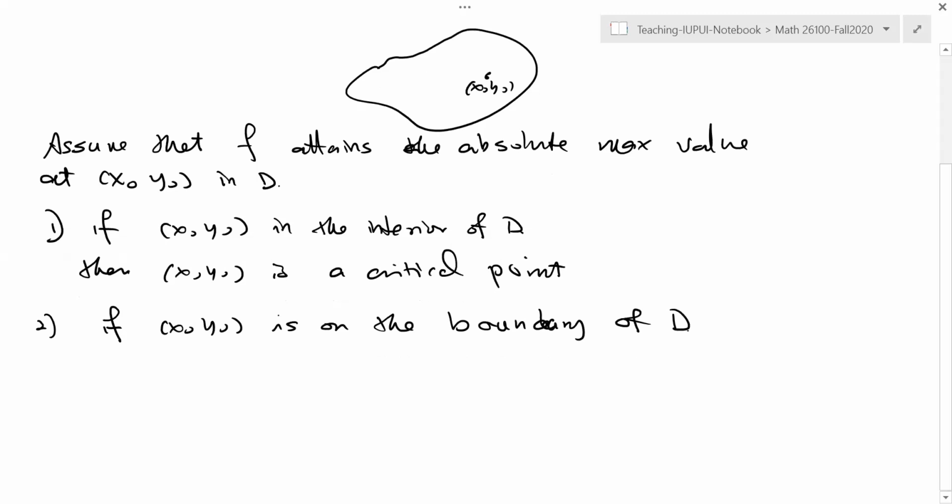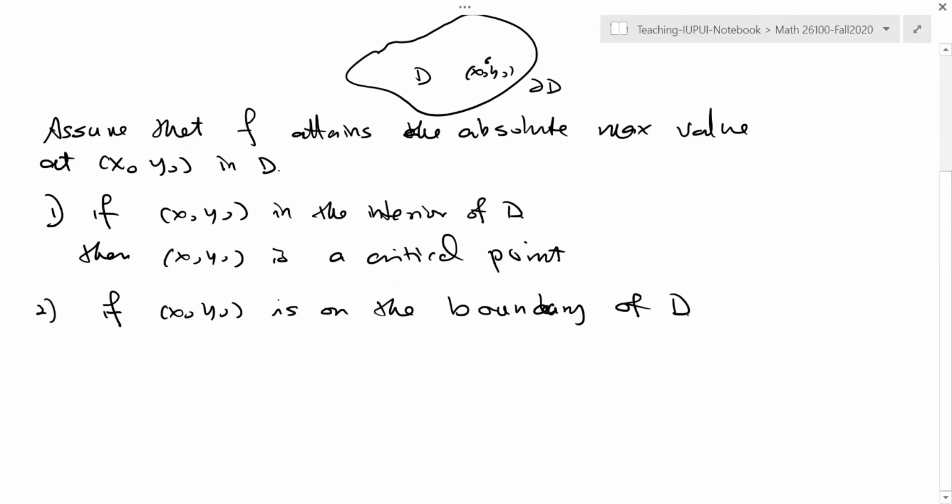But in either case, if you want to find the absolute maximum value, you have to look at the values around the boundary. We call it partial D. This is D, and this is the boundary. The boundary is denoted by partial D, that's a standard notation.